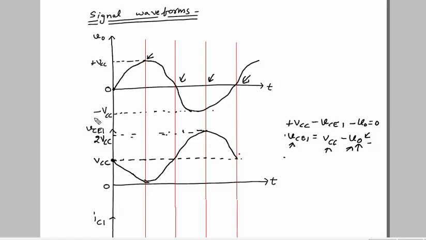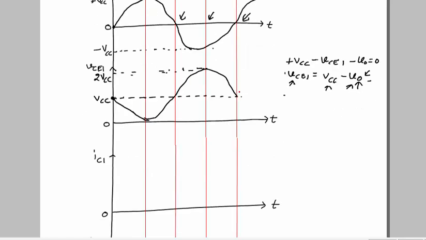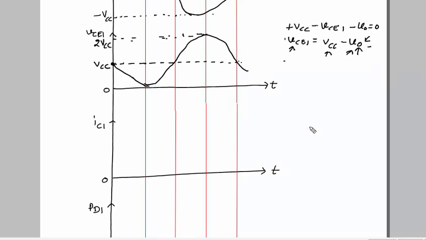Now, how to draw the diagram for IC1? Let us see. In the beginning, we saw that IC1 was like this. This is I, and on that we superimposed IL. We established that this current I should be greater than or equal to the largest negative load current.